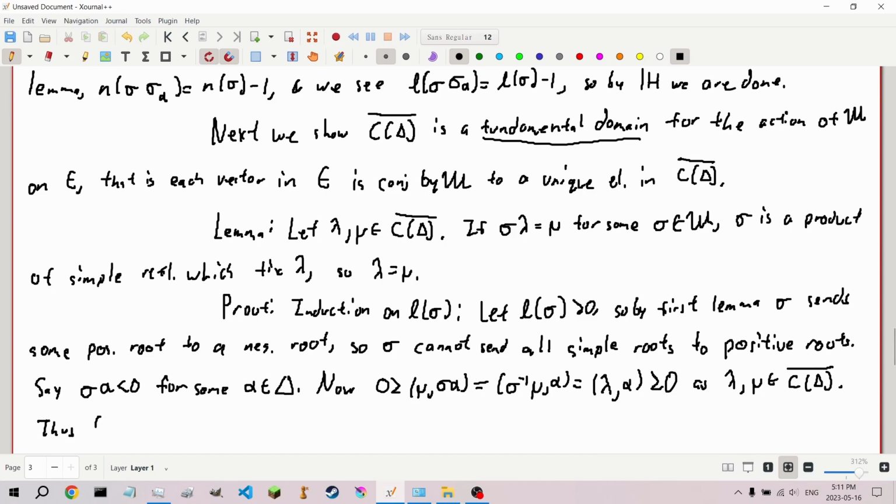Thus, the form of lambda and alpha is 0, and sigma alpha preserves lambda. So sigma times sigma alpha of lambda is mu.